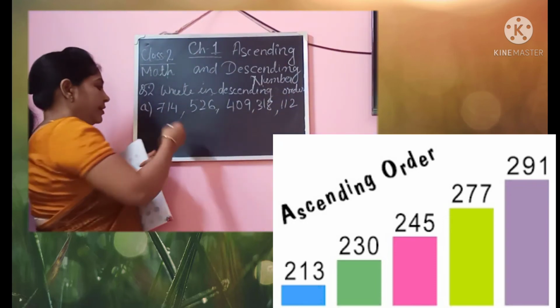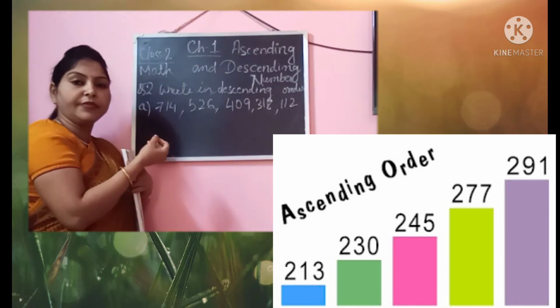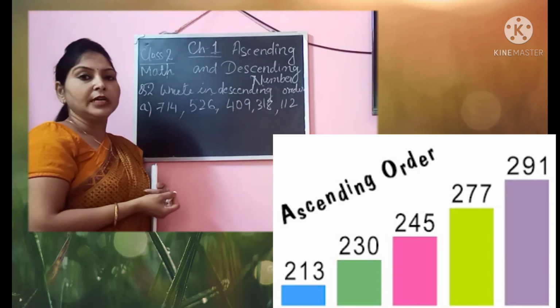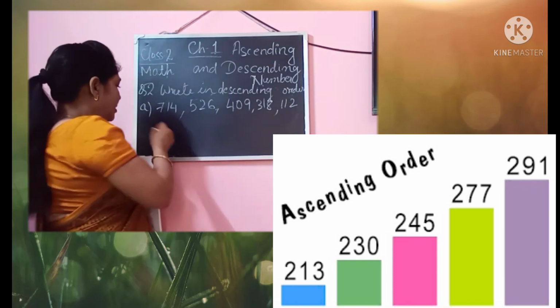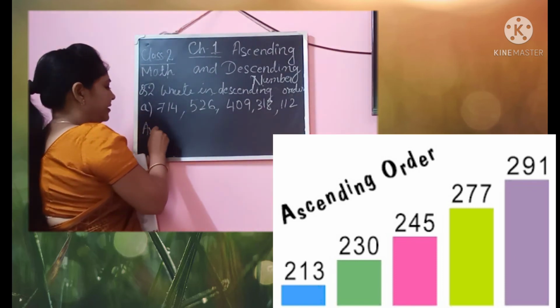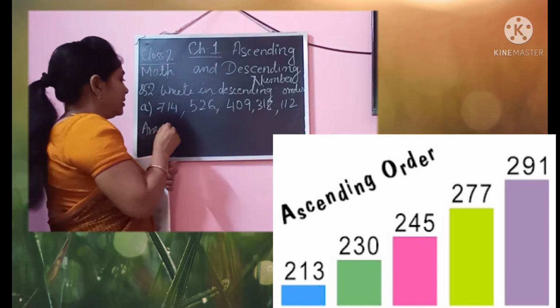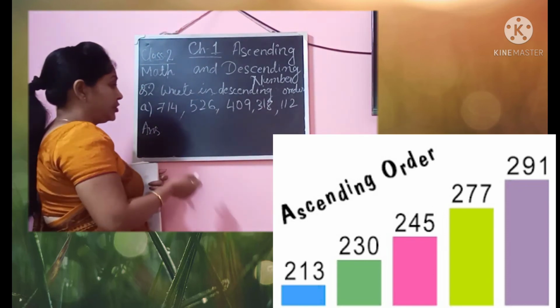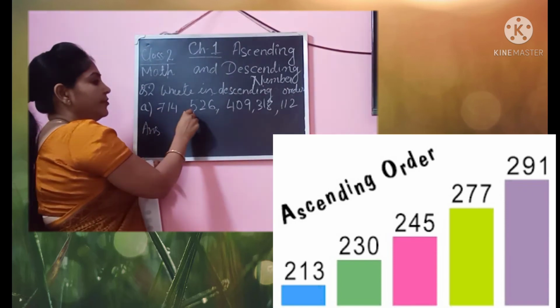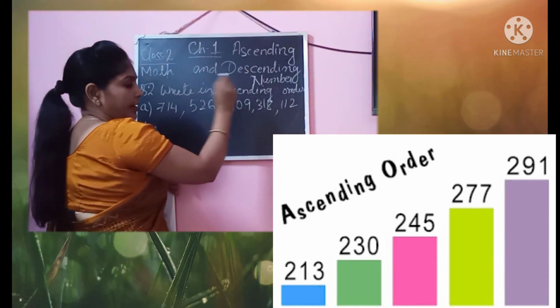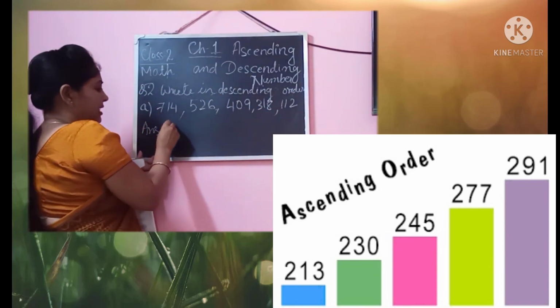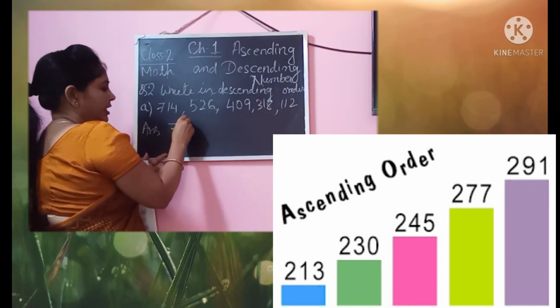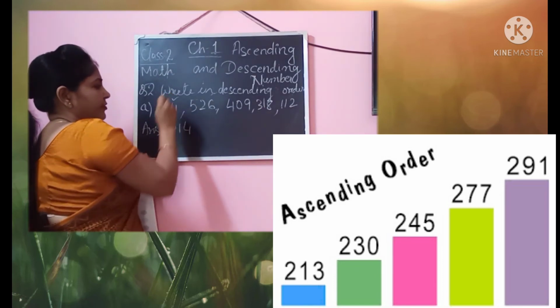Now, what have we learned about descending order? It is from big to small. So first we will find the biggest number. All these numbers are 3-digit numbers, so we have to check the place value. 7, 5, 4, 3, 1. Among all these, 7 is the biggest. We will write 714 first.